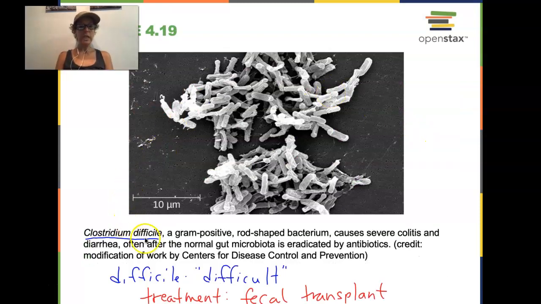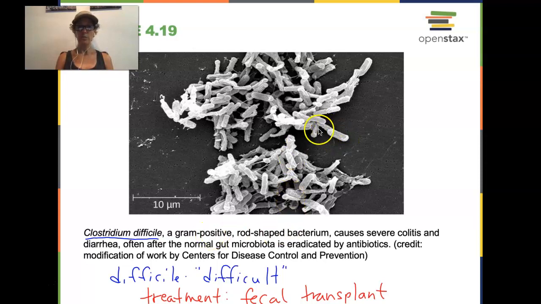Clostridium difficile, or difficile. Difficile means difficult, and you may have heard of this, those of you who might already be working in the healthcare field. C. diff. C for the abbreviation for Clostridium, and diff, shortened difficile. It is gram-positive, meaning it has a very thick cell wall.